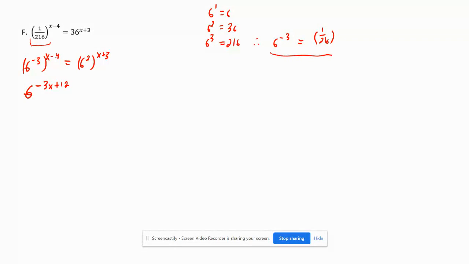Negative 3 times x minus 4 is negative 3x plus 12 equals 6 to the 2x plus 6. So the bases are the same, therefore the exponents must be the same. So therefore negative 3x plus 12 equals 2x plus 6. That means 6 is equal to 5x, and 6/5 equals x.